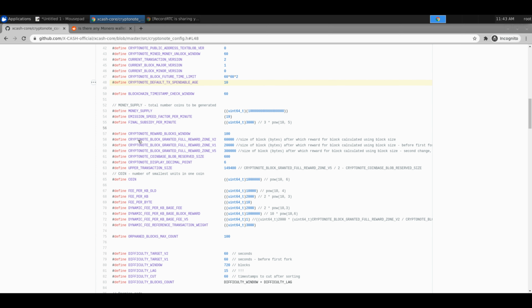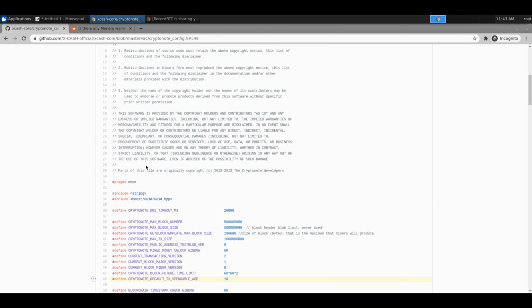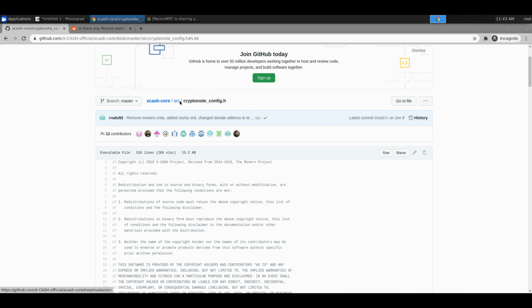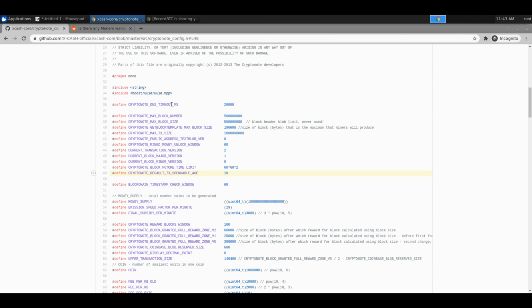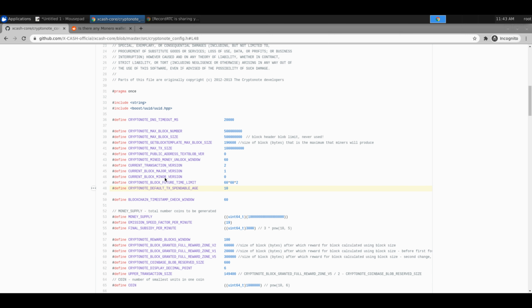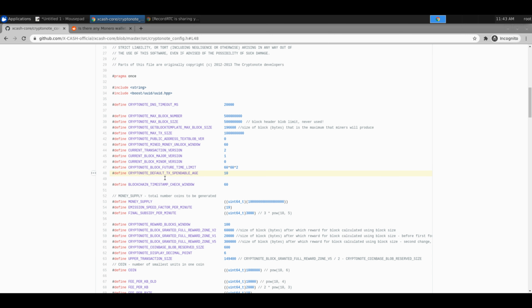Another thing is, we're at XCash Core right now, the source, the famous cryptonote config, where you can change all the little values. One thing I find interesting is that there's a thing called cryptonote default TX spendable age.